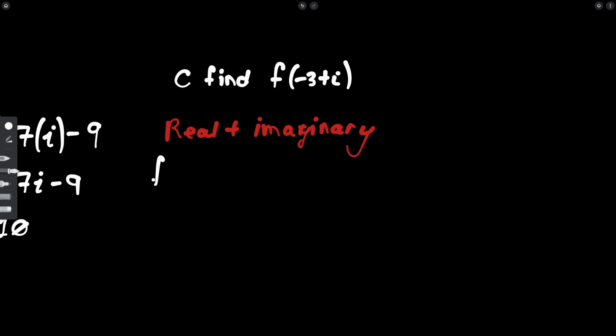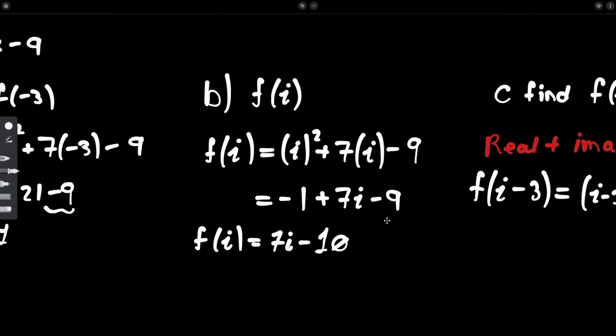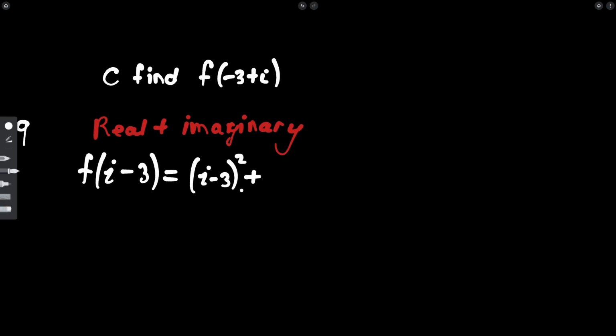I like to write it like this, but it doesn't make a difference. The math will turn out the same. Here we have i minus 3 squared plus 7 times i minus 3 minus 9.